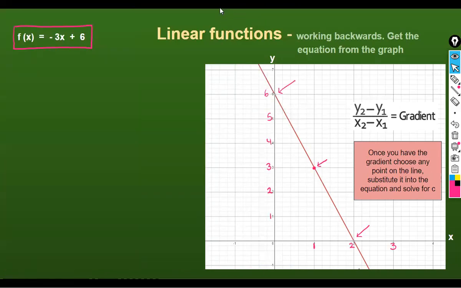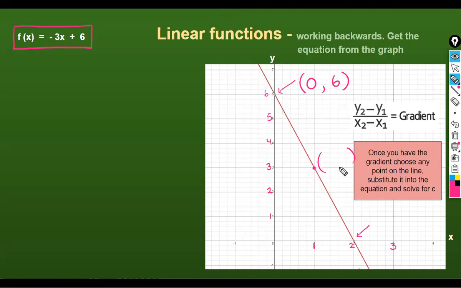Now, I don't know which 2 points you all chose because I gave you all 3 to choose from. I'm going to choose this one here. His point is 0, 6, not 6, 0, because it's 0 on the x and going up to 6 on the y. You just always put the x first and then the y. If you all chose this point in the middle here, it's pretty easy.